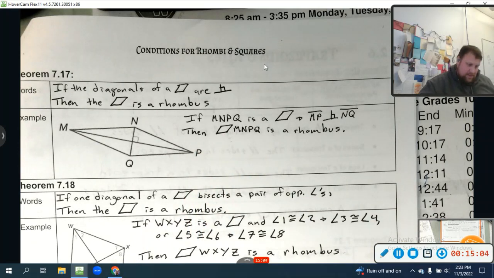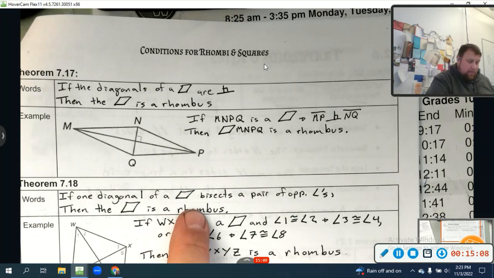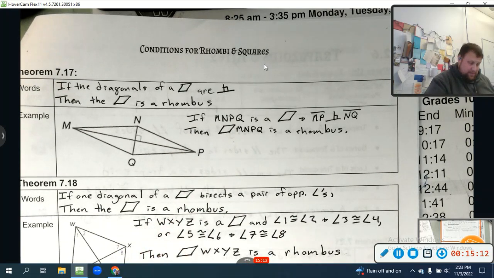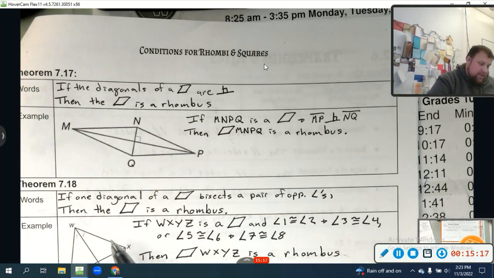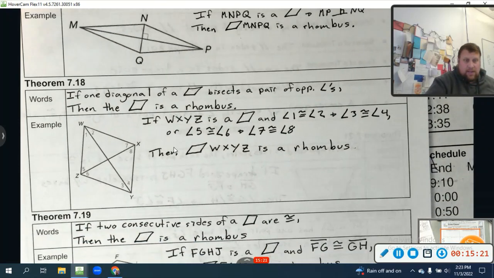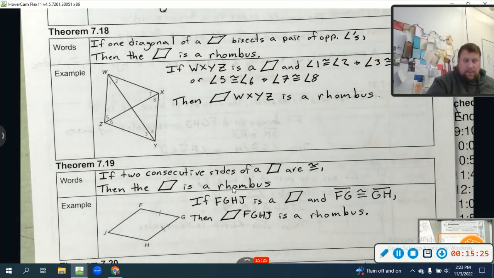If one diagonal of a parallelogram bisects a pair of opposite angles, then the parallelogram is a rhombus. So if the diagonals are perpendicular, it's a rhombus. If the diagonals bisect opposite angles, like this one does, then it's a rhombus. Now this one, 7.19, is a little different. Again, pause this and write things down, guys, as I'm going, so you don't miss anything.